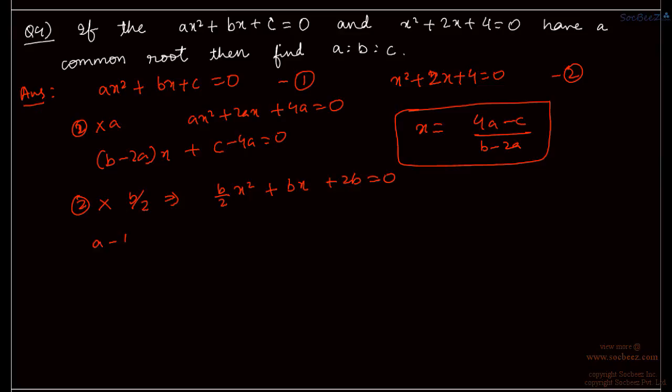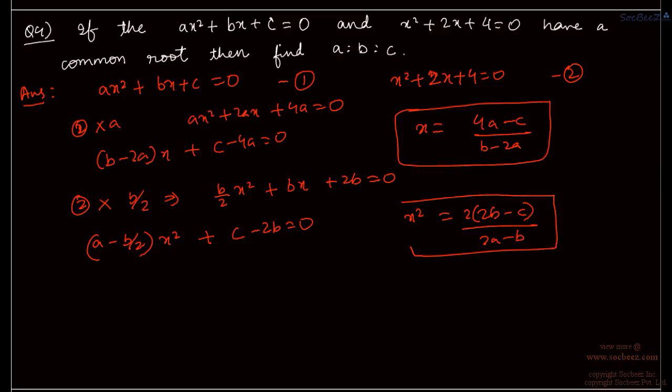Again I subtract this from the first equation, and I have a minus b by 2, x squared, x is removed, and I have c minus 2b. That gives me x squared is equal to 2b minus c by a minus b by 2, which can be written as 2a minus b by 2. So this becomes actually 2 times of this by 2a minus b, right?